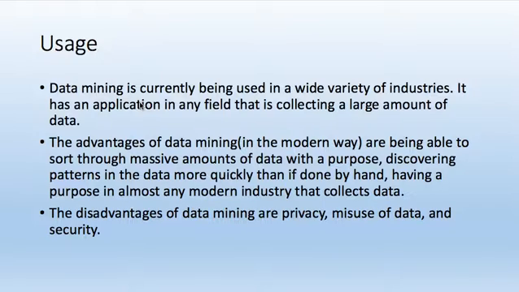And then almost any field of science, biology, they're using data mining. Astronomy is using data mining, and then even e-commerce and also online social websites like Facebook and Instagram and things like that.